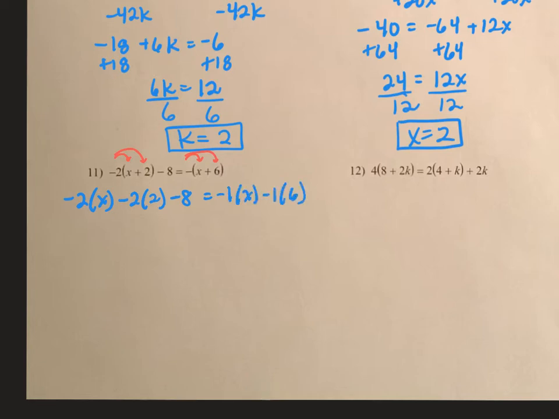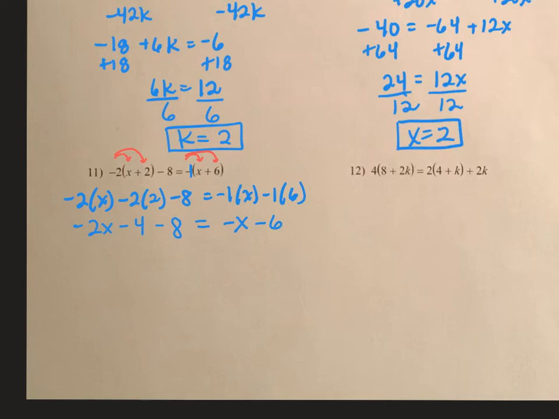Remember, when you have a negative in front of parentheses, that's just like a negative 1. So now simplifying, the left side is negative 2x. Negative 2 times 2 is negative 4, and then I have this negative 8 here. Over here on the right side, negative 1 times x is negative x. Negative 1 times 6 is negative 6.